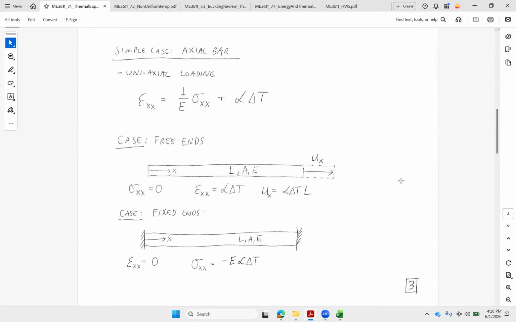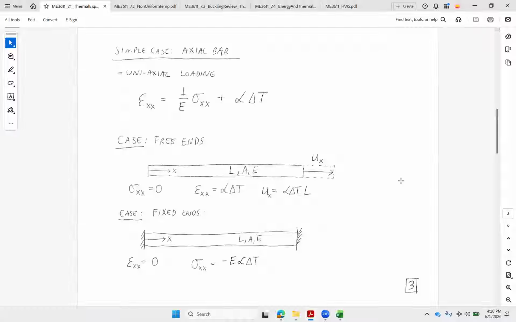Now, in our case with free ends, I can have one fixed and one free, or both of them free. We can't generate any load when we've got one or both ends free, right? No load on at least one end, and there won't be any load in the middle either. So sigma xx in those cases, force per area, force is going to be 0, then stress is going to be 0.